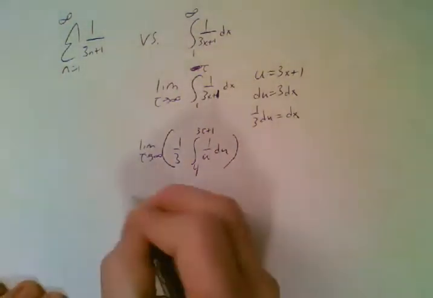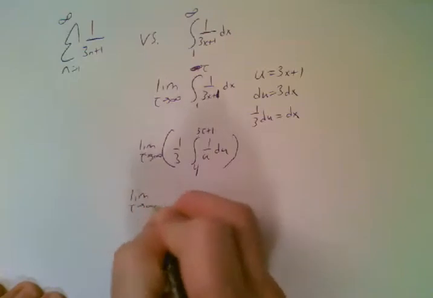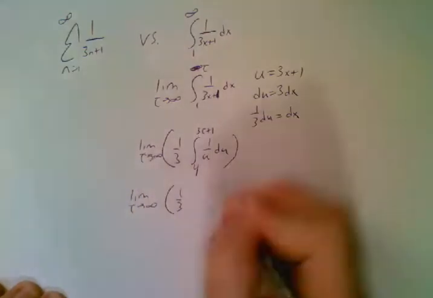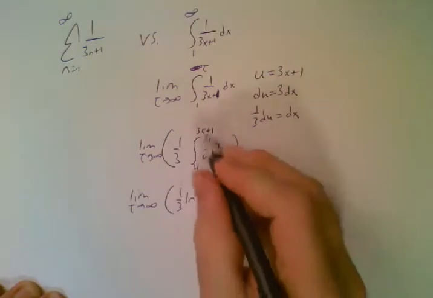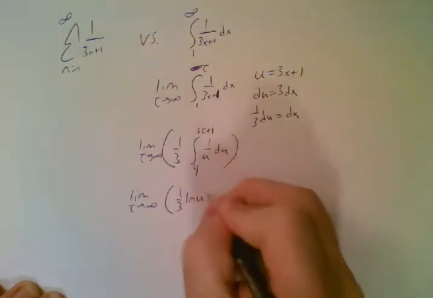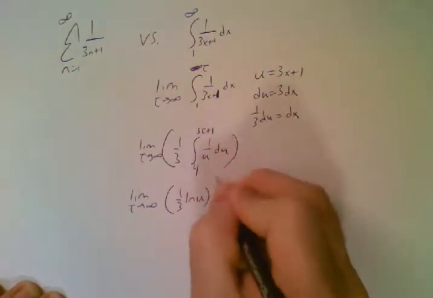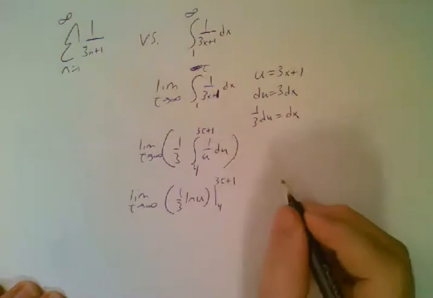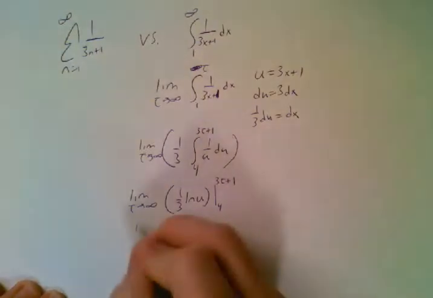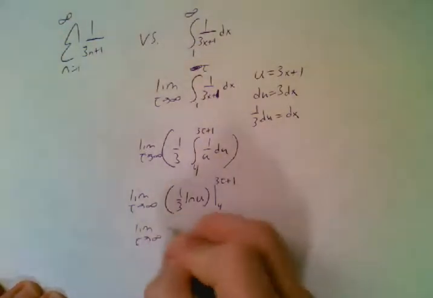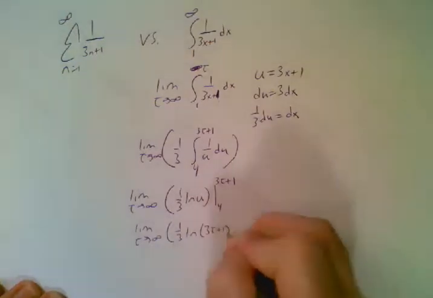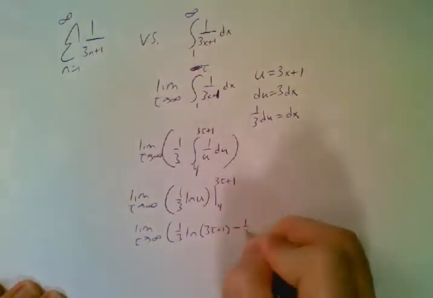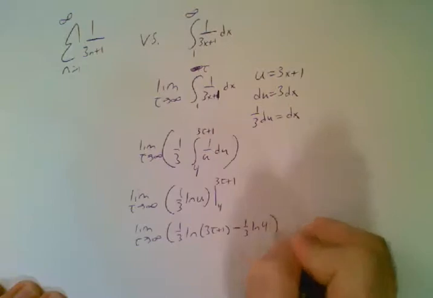So this is the limit as t goes to infinity of 1/3, 1 over u. 1 over u is natural log of absolute value of u, but everything's positive, so I'm just going to write u, evaluated from 4 to 3t plus 1. So this becomes 1/3 ln of 3t plus 1 minus 1/3 ln of 4.